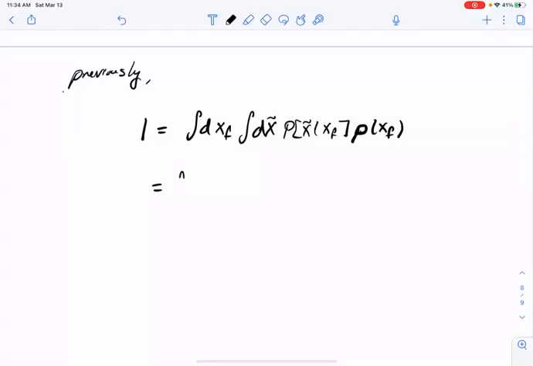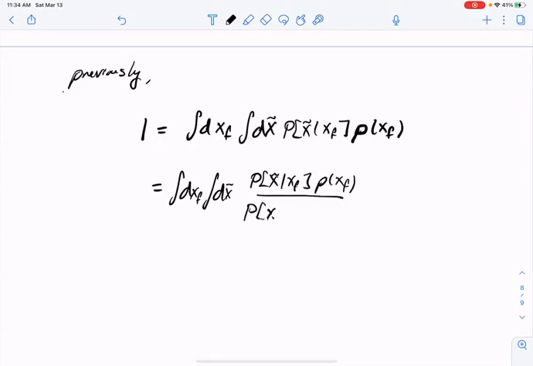I can multiply top and bottom by the probability of reversing that trajectory, now going in the forward direction of time, with some initial condition x naught.